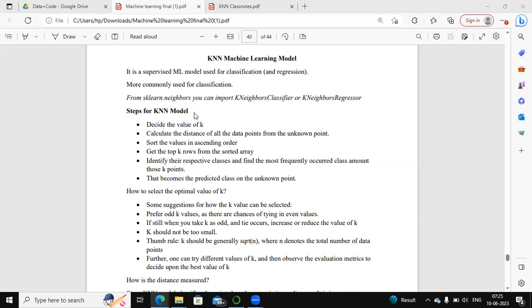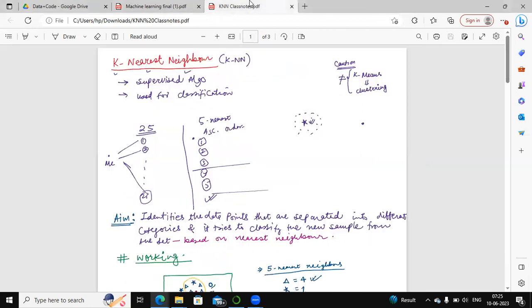So what are the steps for the KNN model? Before going to that, let me show you my class notes. In K-nearest neighbors, we have seen that it's a supervised machine learning algorithm, and it's used for classification problems mostly, but it can be used for regression problems as well. Let's say you're standing at this point and you are trying to find the 25 houses that are nearest to you.